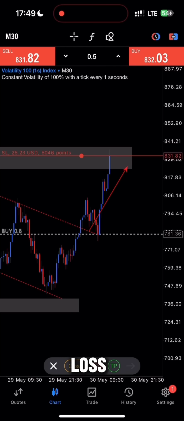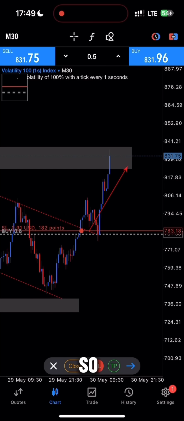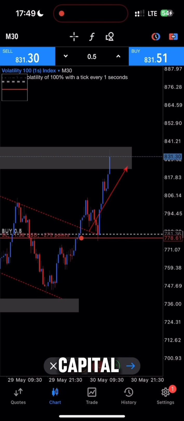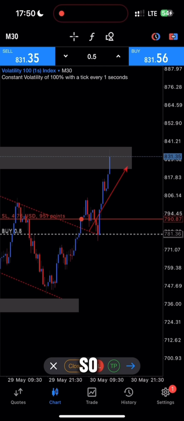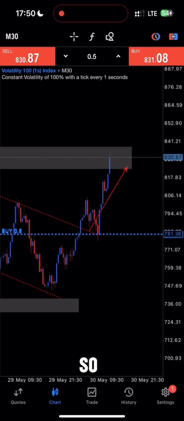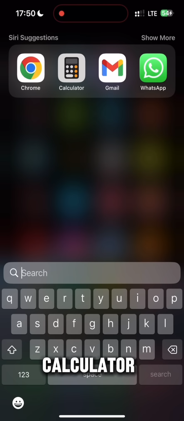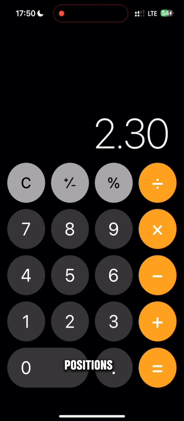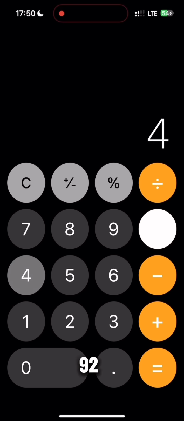Let's measure how much loss I would have made there. So each position had a loss of $2.30. I have 40 positions and my capital was 300. So I think we should calculate that so we can see. Let me open my calculator. So $2.30 multiplied by 40 positions we get $92.